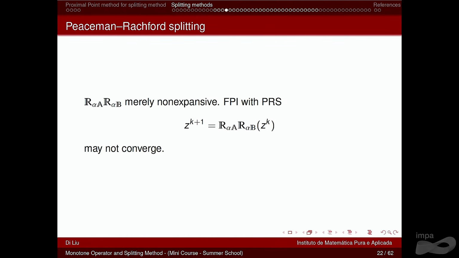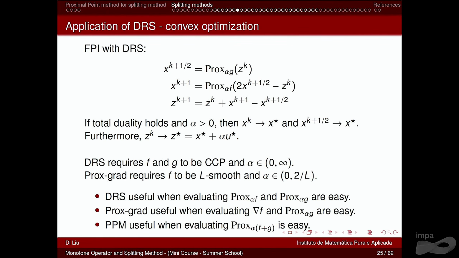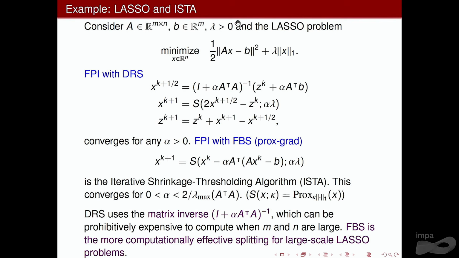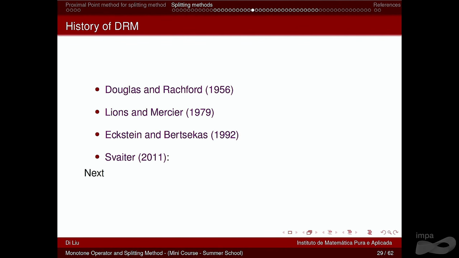We will continue in the next class from this page and introduce the Douglas-Rachford method and the application of Douglas-Rachford method and a more concrete example of lasso problems and the history of the DRM, okay, the Douglas-Rachford method.